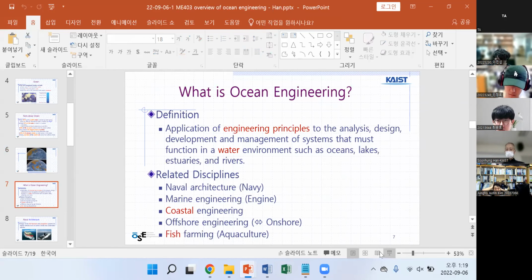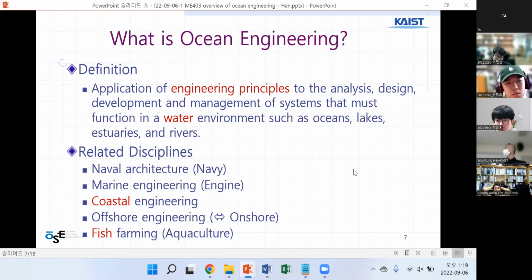So what is ocean engineering? There's a definition that engineering principle is applied to the analysis, design, management, and function in a water environment such as ocean, lake, and rivers.